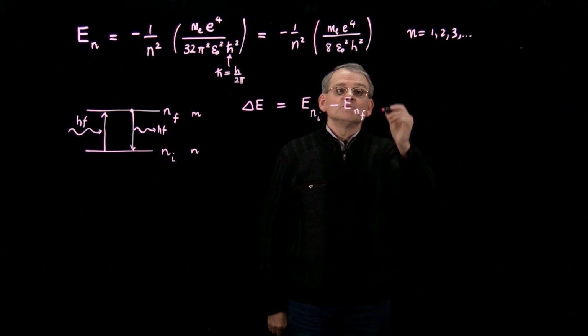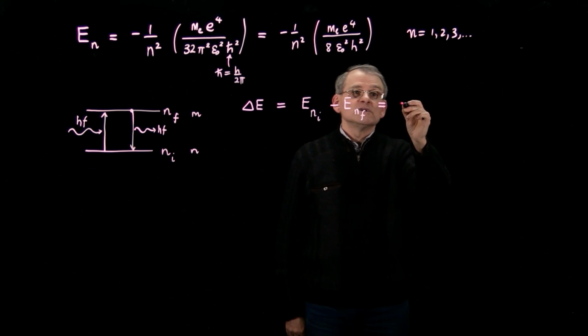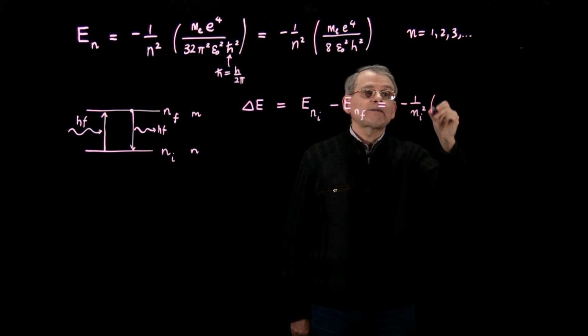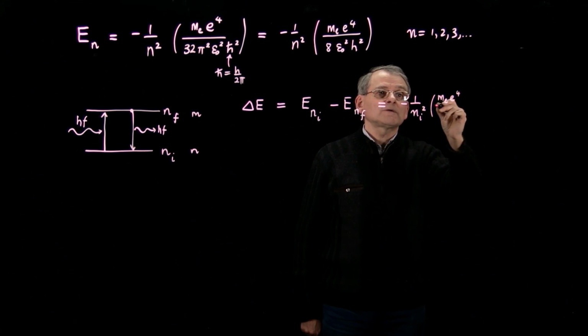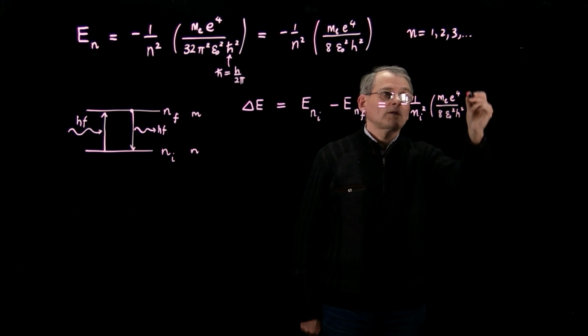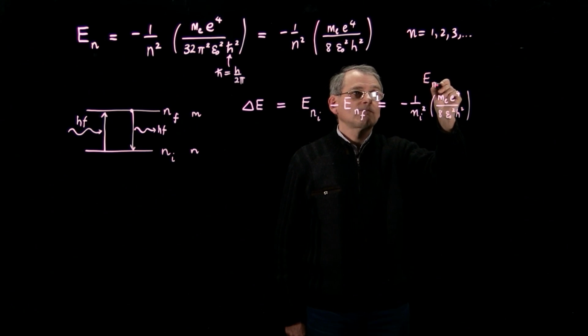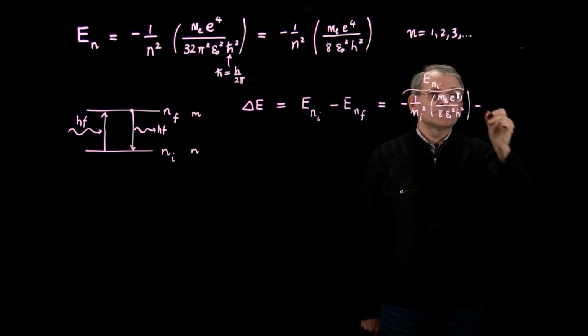When I put these together, I'll have minus 1 on n_i squared times m_e e to the 4, so that's the initial state, and then I'm going to subtract off the final state.